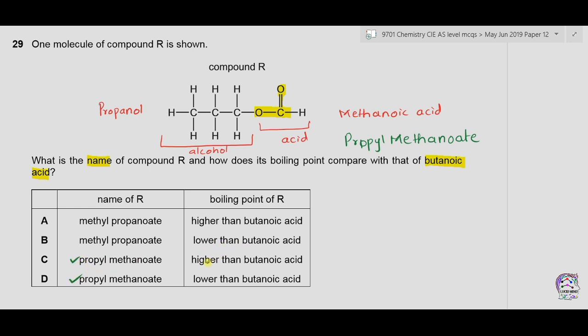Now we have to find out the boiling point, whether it is higher than butanoic acid or lower than butanoic acid. In order to find out the boiling point, you must remember that carboxylic acids have hydrogen bonding among them, while esters do not have any hydrogen bonding.